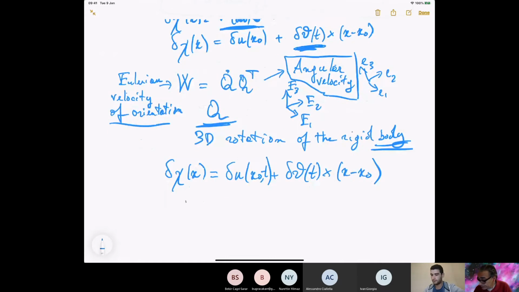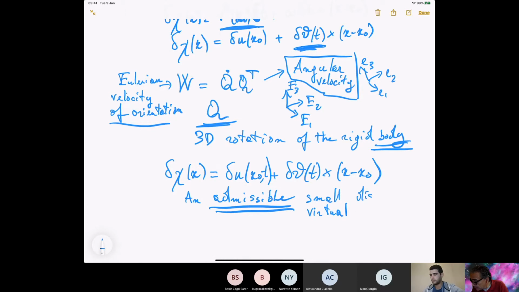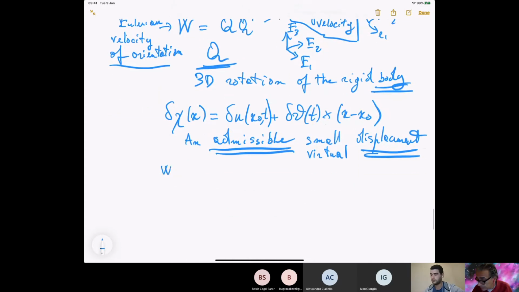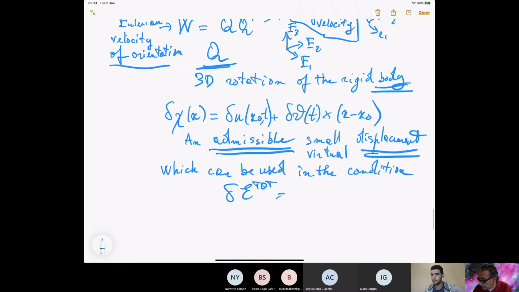This is an admissible small or virtual displacement, which can be used in the condition delta E dot equals 0.